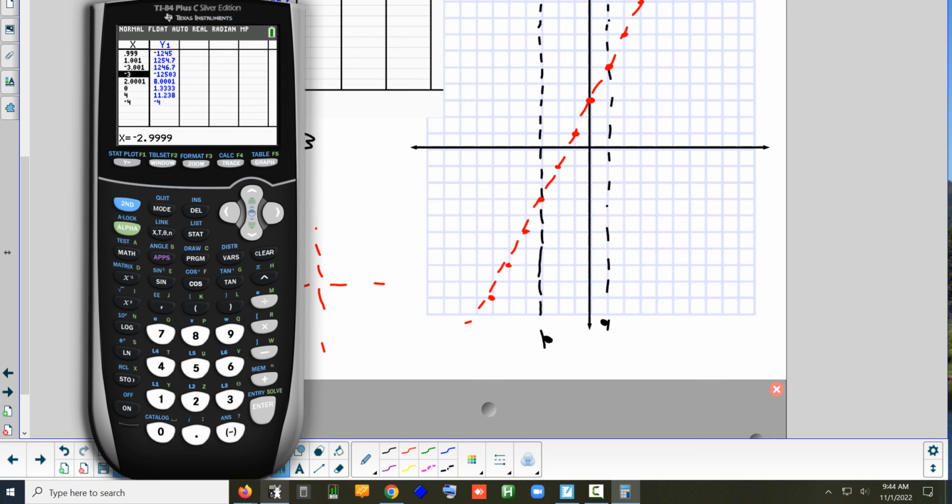So what's a good value between my two asymptotes? A value between my asymptotes? 1? Well, we could try 1, but I get an error because that is my asymptote. Oh, like -2. So we could do -2.